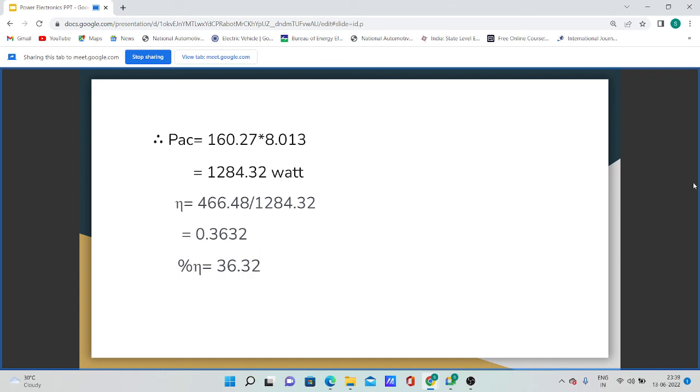In the previous slide we discussed efficiency: eta equals 466.48 upon 1284.32, which is PAC, and PAC is calculated by 160.27 into 8.013.